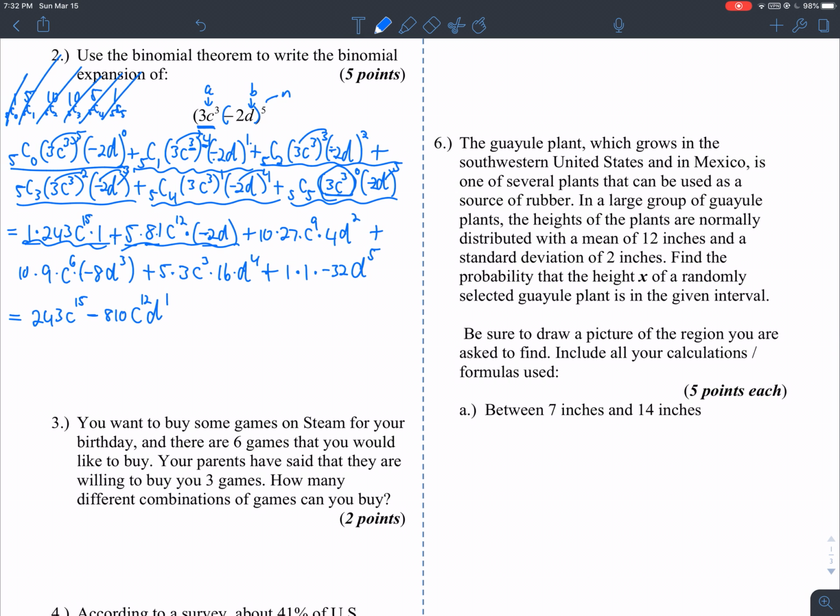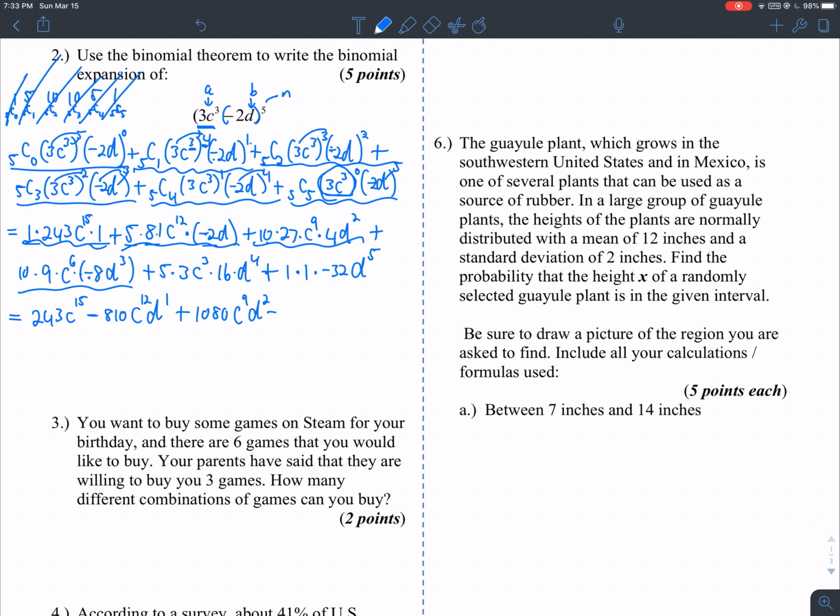Then the next term, so I get plus 10 times 27 times 4, which is also big. Looks like it's 1080. And then c to the 9th and d to the 2nd. Okay, done with that term. Next term, now I have a negative again. So a negative times a positive, that's a negative.